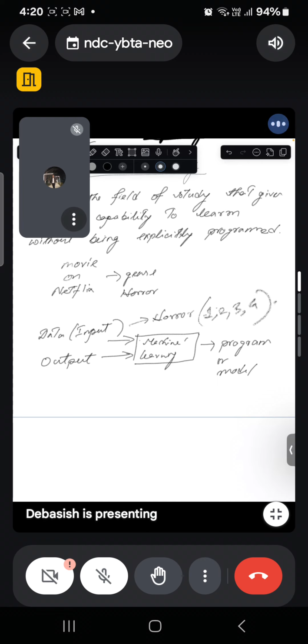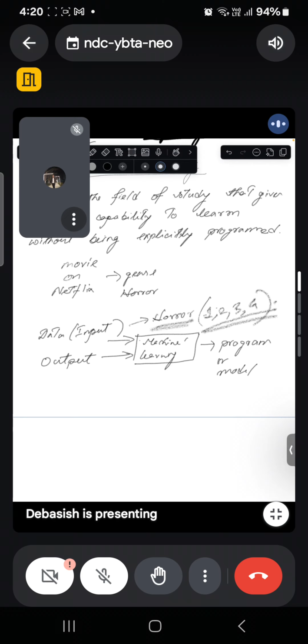If we choose horror, then it will display horror movies.